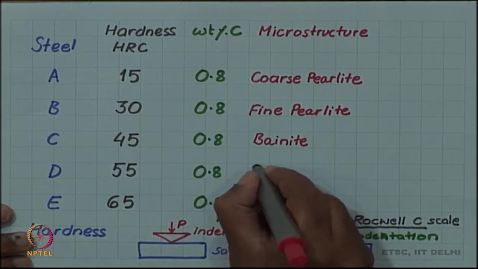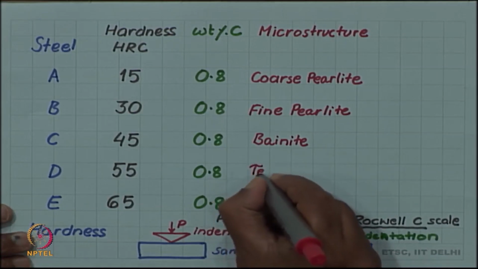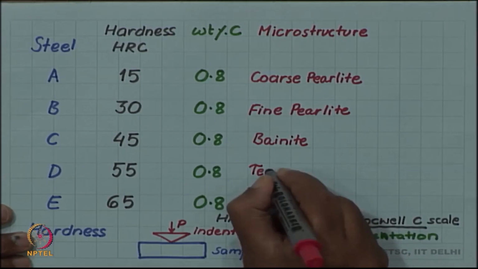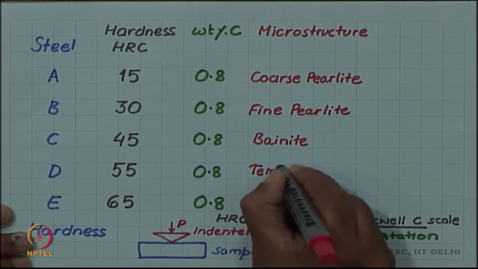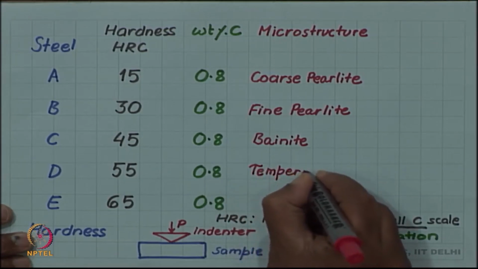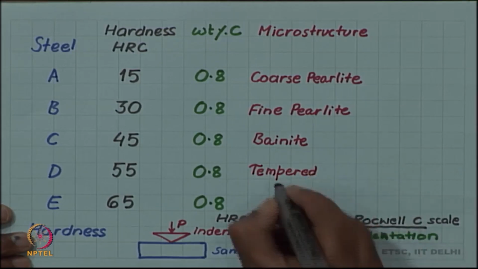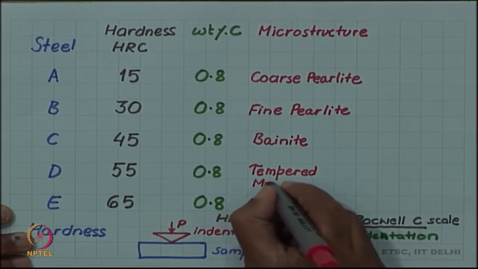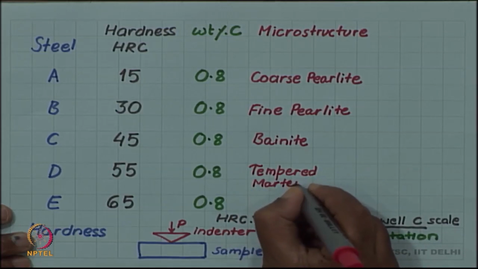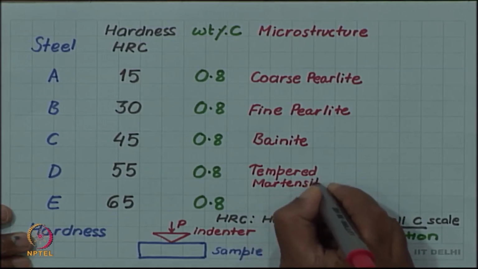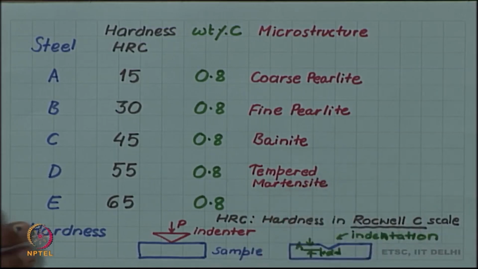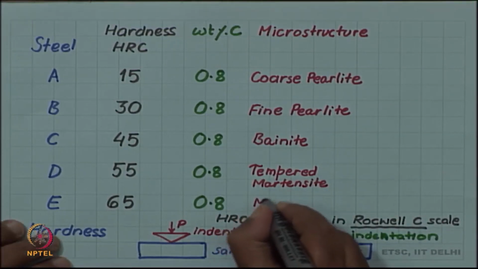Then in D, there is a still newer microstructure which we call tempered martensite. And finally, E is martensite.